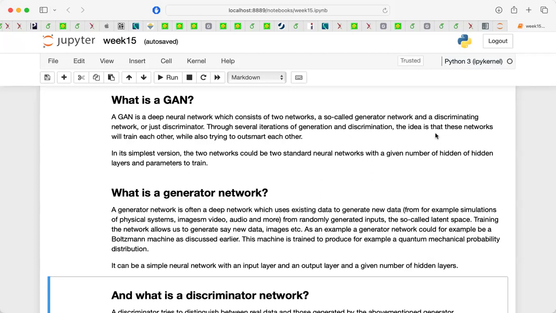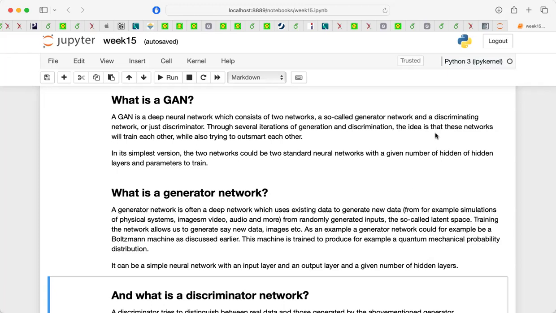So GANs began, according to legend, as a discussion argument in a bar, where Ian Goodfellow, one of the authors of the textbook on deep learning, was discussing work related to generating data using neural networks. And after all these discussions, Goodfellow went back home and during the evening coded a generative adversarial network in terms of two standard neural networks which were competing with each other.